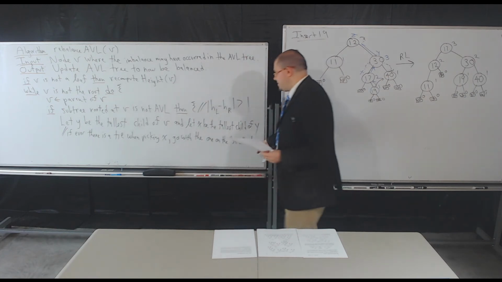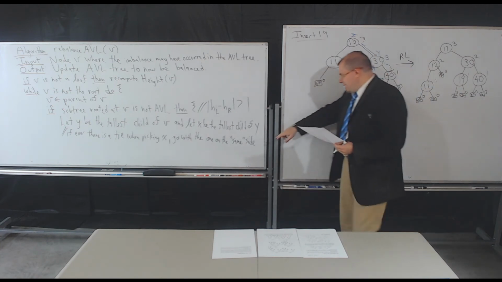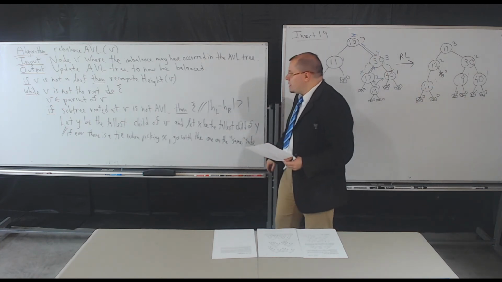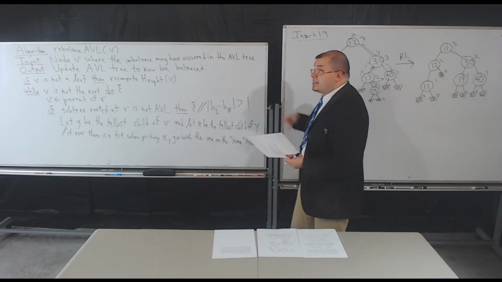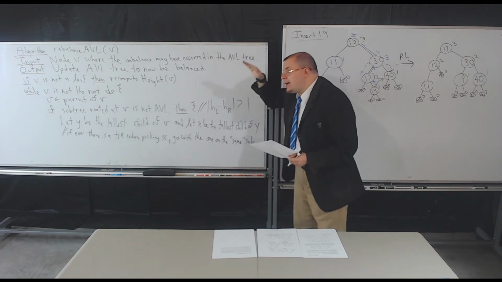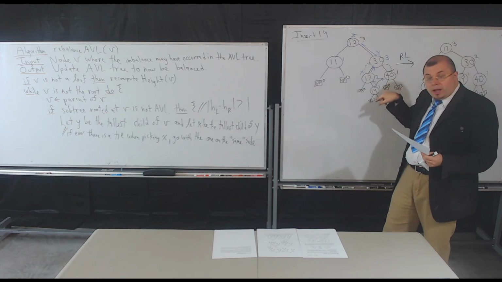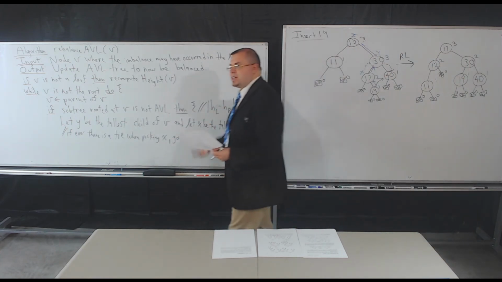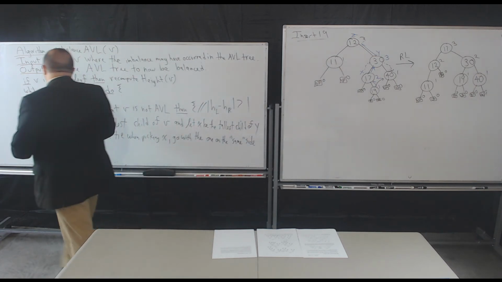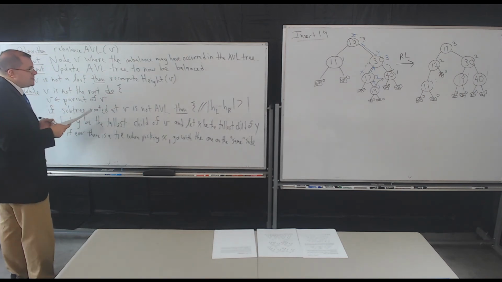So what do I mean by this? Now, this is just a performance thing. If I run into a case where the tallest among two is tied, just pick the one that's on the same side. So for example, if I went right, then if there's a tie, pick the right one as opposed to the left one. This is to ensure that we use a single rotation as opposed to a double rotation. Generally, that will be a better thing from a practical standpoint to do. Theoretically, it doesn't make a big difference.